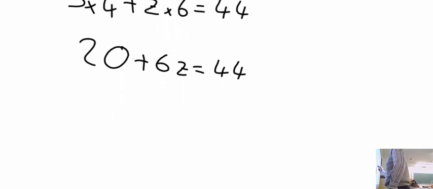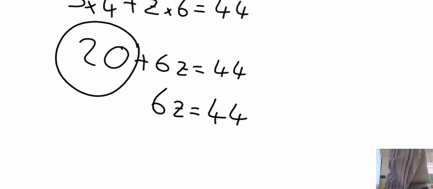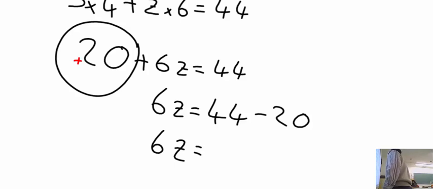So leave the 6Z here, 44 there, and the 20 doesn't have any sign in front of it, which means it's a plus. Make that on the other side as minus 20, and 6Z equals 24.